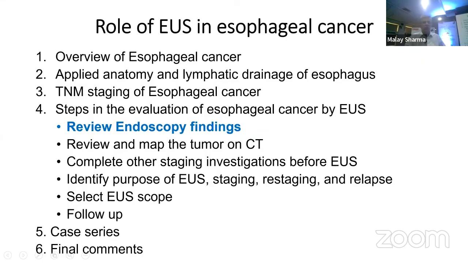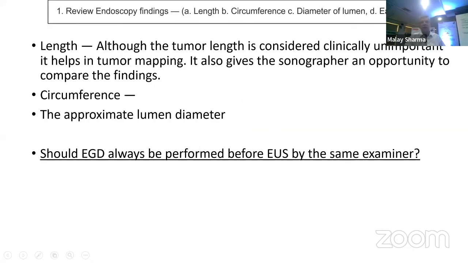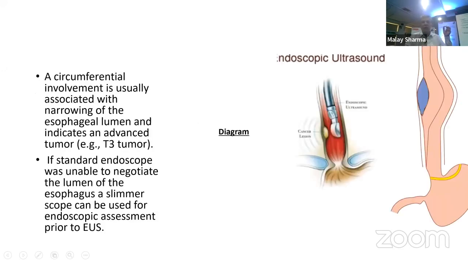So how do we do it? What are the steps? These are the last couple of slides because my time is up. We are running 10 minutes late. So we will review the endoscopic findings always before EUS. What is the length? What is the circumference? What is the lumen diameter? Always endoscopy, because for endoscopic ultrasound, we must be able to see the tumor.